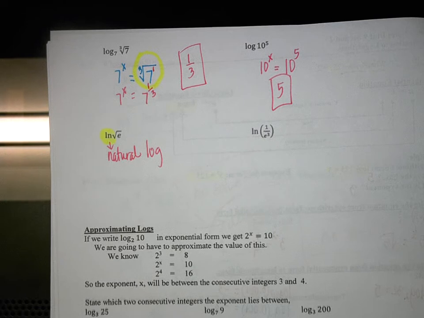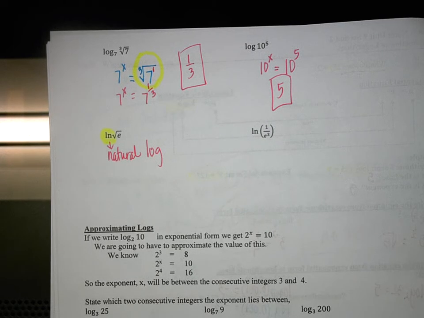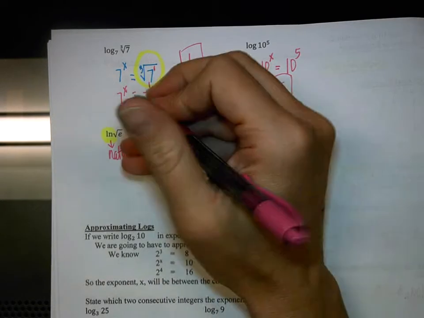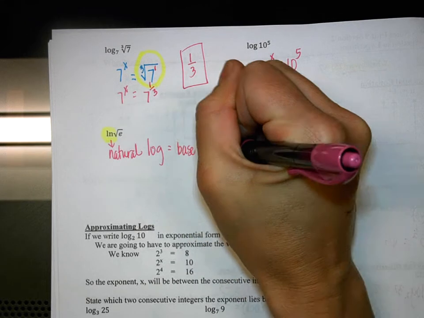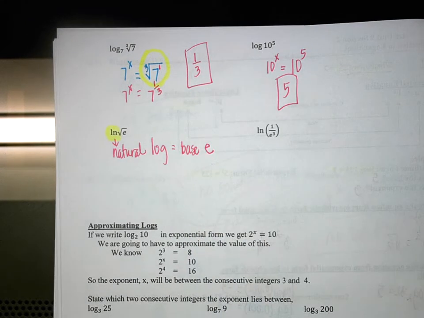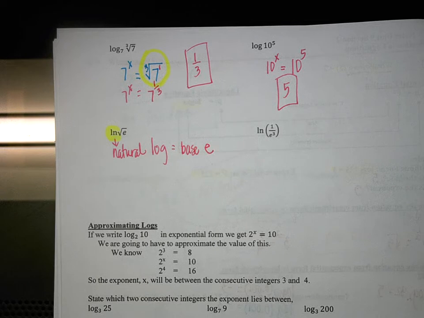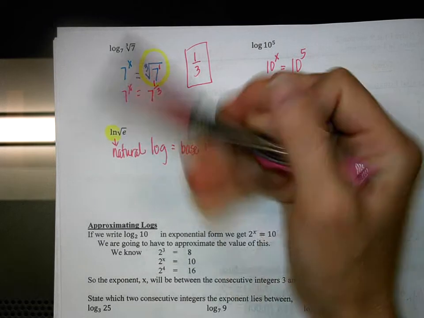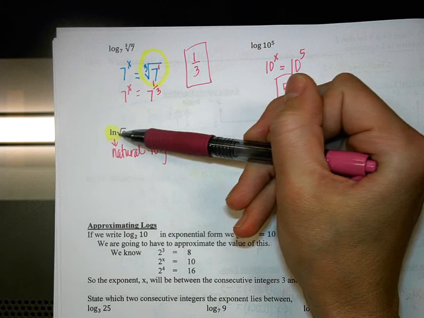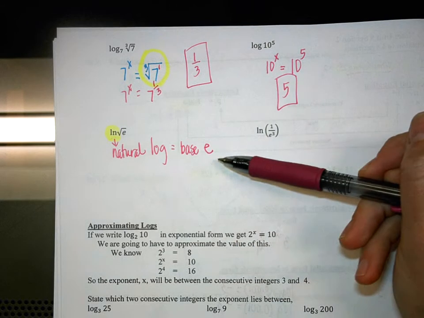It is just another form of logs, except natural logs are always base e. e is like pi, which is an irrational number. You'll actually see it on your calculators if you wanted to go and check. And so this one is not telling you right now, because natural log will never tell you it's base e, because it's always base e.